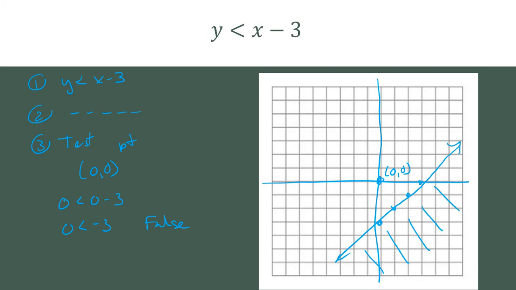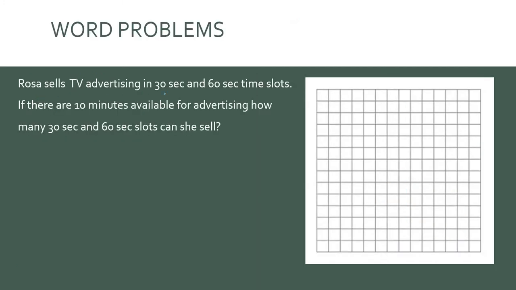Okay? All right, let's do one word problem, and we'll do a couple more of these in class before I let you start on your own. So Rosa sells TV advertising in 30-second and 60-second time slots. If there are 10 minutes available, how many 30-second and 60-second slots can she sell? I'm going to use X for my 30 seconds and Y for my 60 seconds.